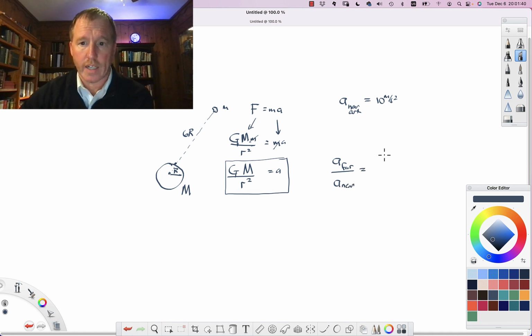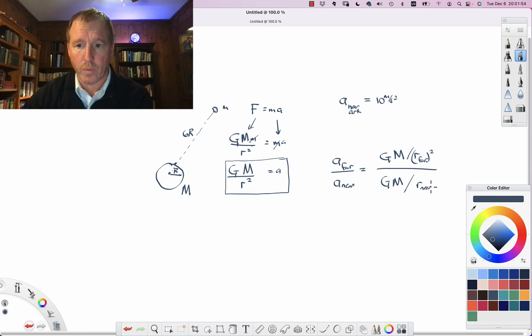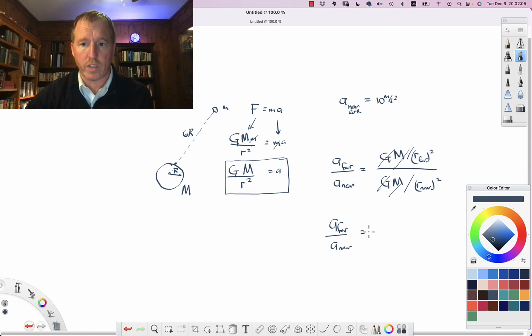I can say this is equal to G times the mass of the Earth over the distance when it's far away squared, and compare that to G times the mass of the Earth divided by the distance to the Earth when it's near the Earth squared. The nice thing about that is the G's cancel out, the masses cancel out, and I can find the acceleration when it's far away compared to the acceleration when it's near.